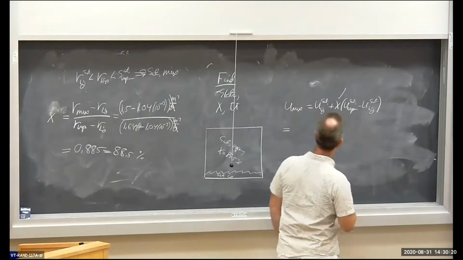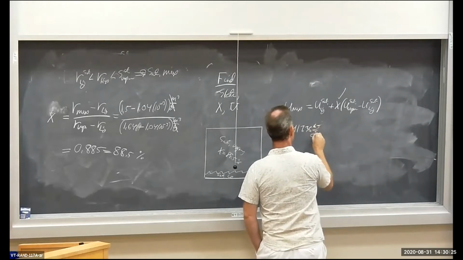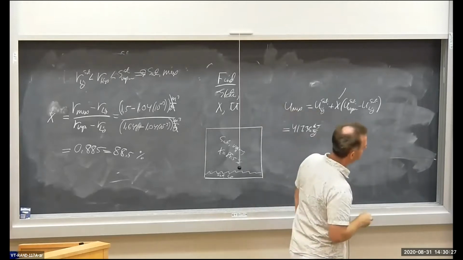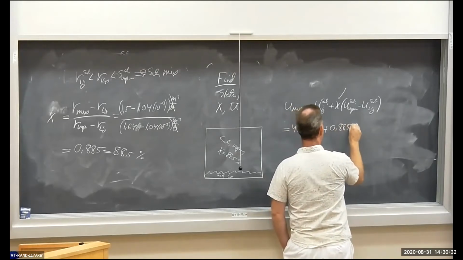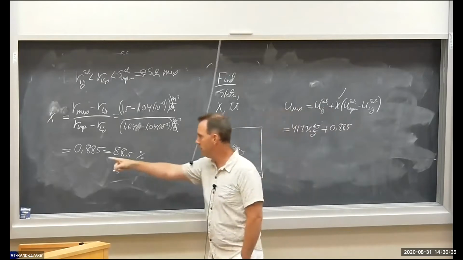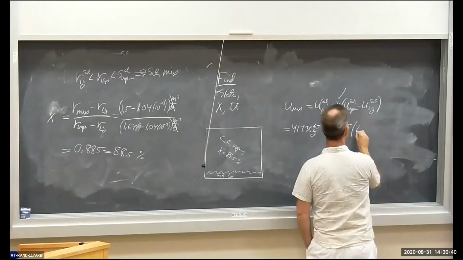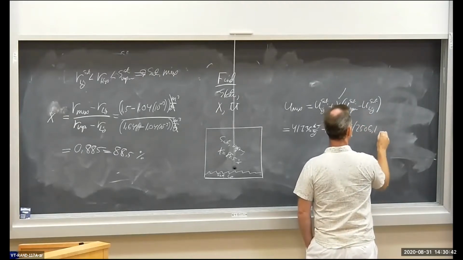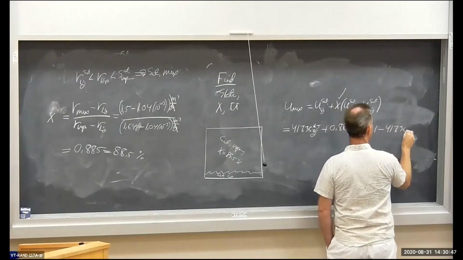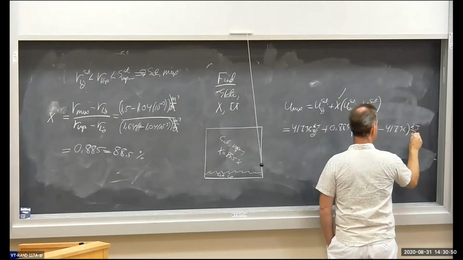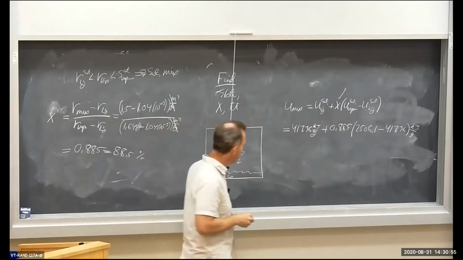U sat liquid, 417 kilojoule per kilogram, plus 0.885, that's our quality, times the difference between the saturated vapor and the saturated liquid internal energy, specific internal energy. Notice both terms have units of kilojoules per kilogram.